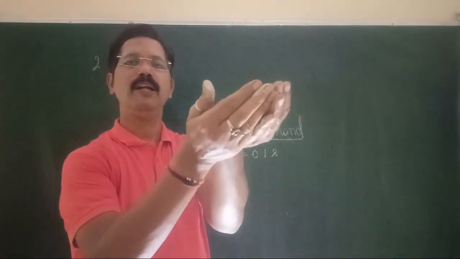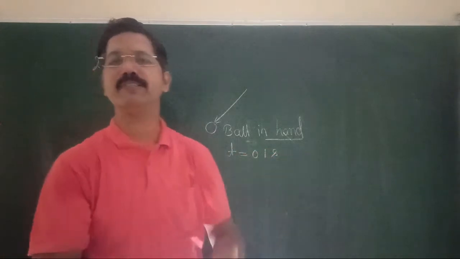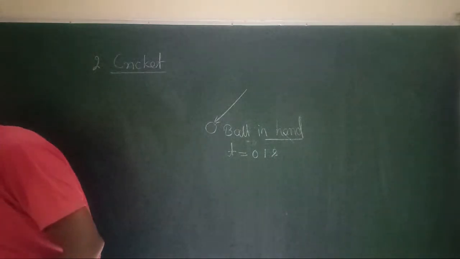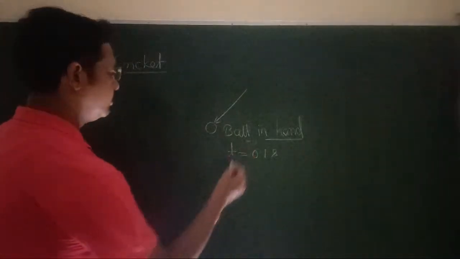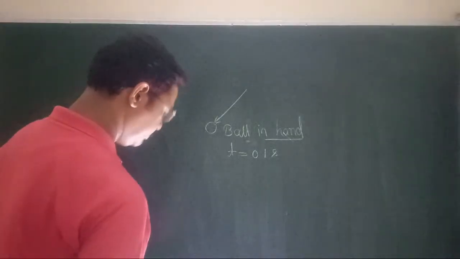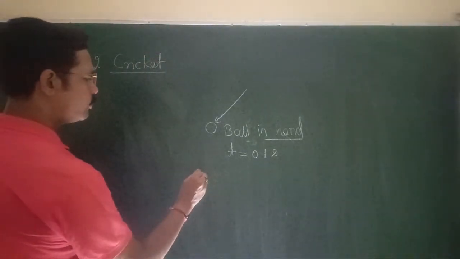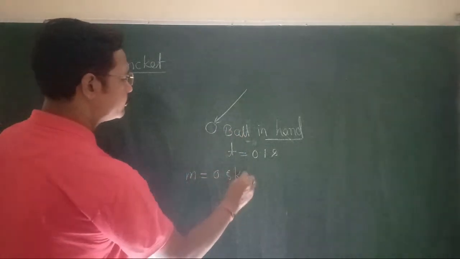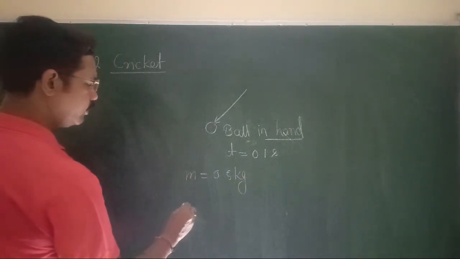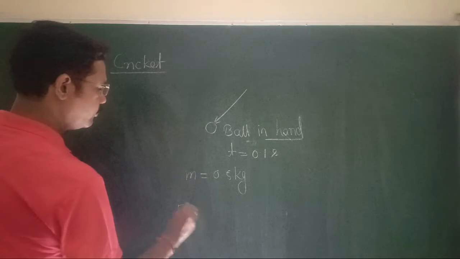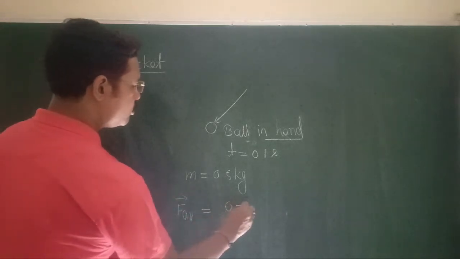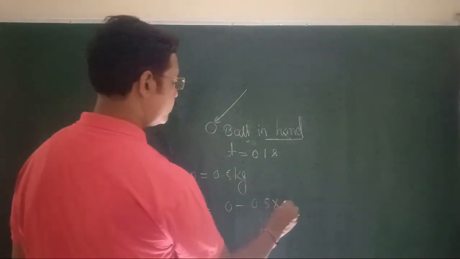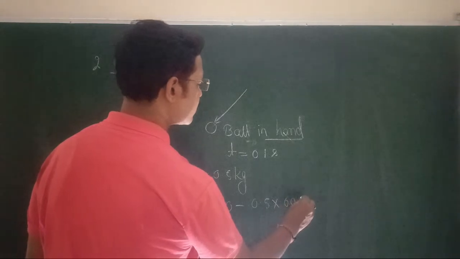I capture the ball and it takes a very small time, that is 0.1 second. Suppose the ball has a mass of 0.5 kilogram. So what will happen? The average force is equal to 0 minus 0.5 into, suppose, 60 meter per second.